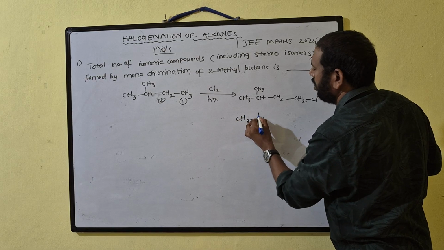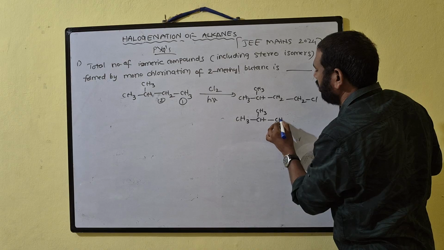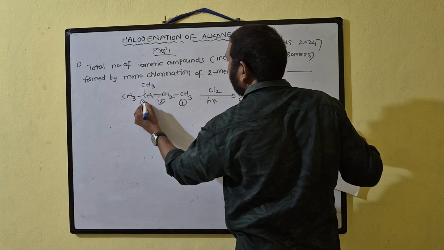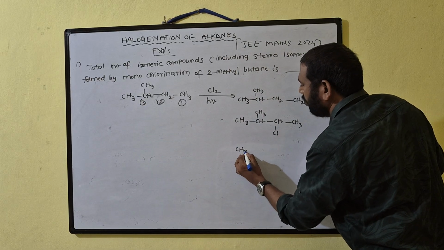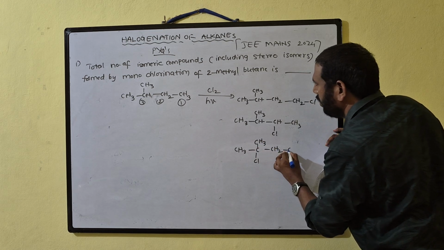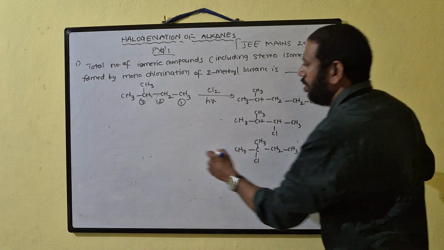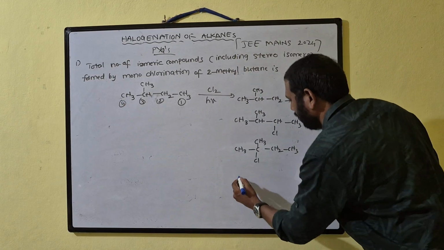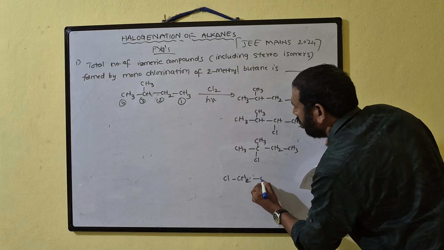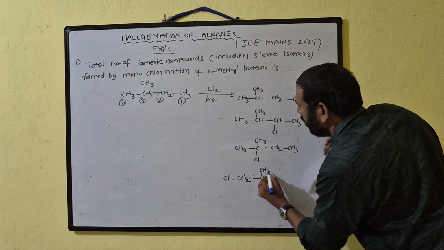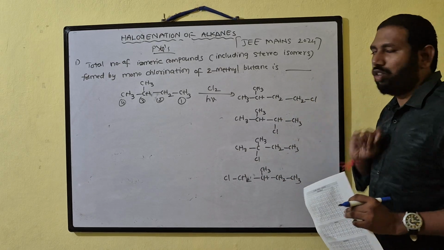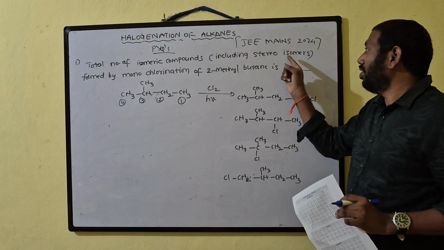CH3-CH(CH3)-CH2-CH2Cl. If at the second carbon, CH3-CH(CH3)-CHCl-CH3. If at the third carbon, CH3-CCl(CH3)-CH2-CH3. If at the fourth carbon, it forms CH2Cl-CH(CH3)-CH2-CH3. Here 4 isomers form, but we have to check stereoisomers.